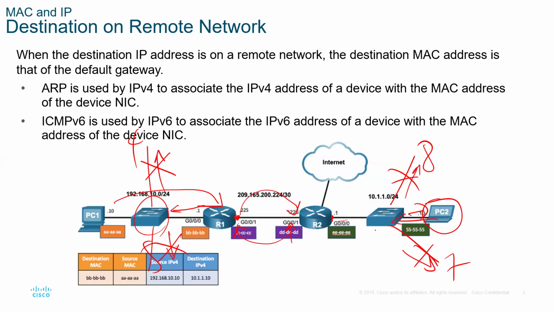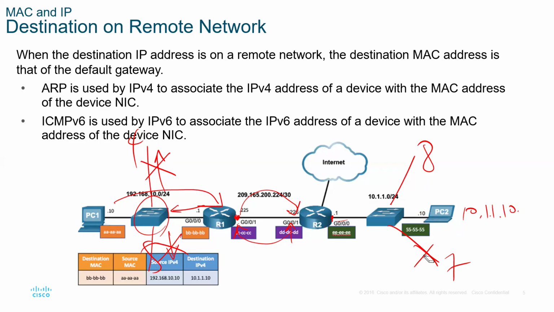So let's say, for example, device number 8 disguises itself as the one which has, let's put the destination MAC here, 10.1.1.10.